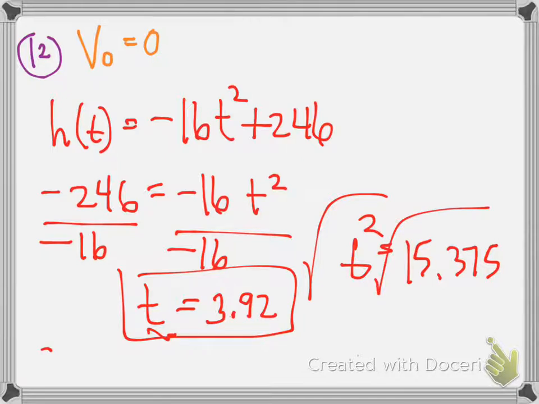So the initial height, this is h naught, is 246. So we're trying to figure out when it hits the ground. So at what time does it hit the ground? Well, the time it hit the ground was 3.92. Here's my work for it.